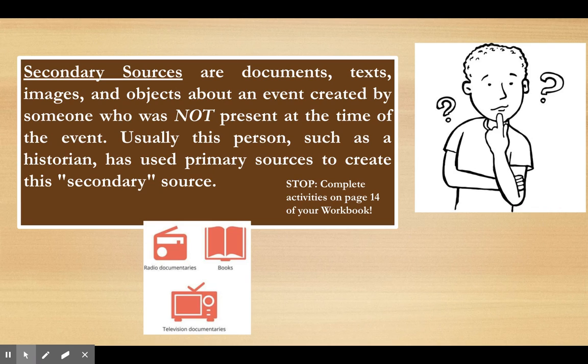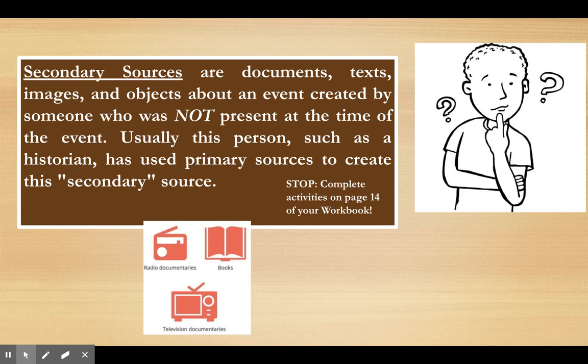It says secondary sources are documents, texts, images, and objects about an event, but they're created by someone who wasn't necessarily there. Usually this person, like a historian, is writing about an event that they didn't witness, and usually they use primary sources to study, to create a secondary source.